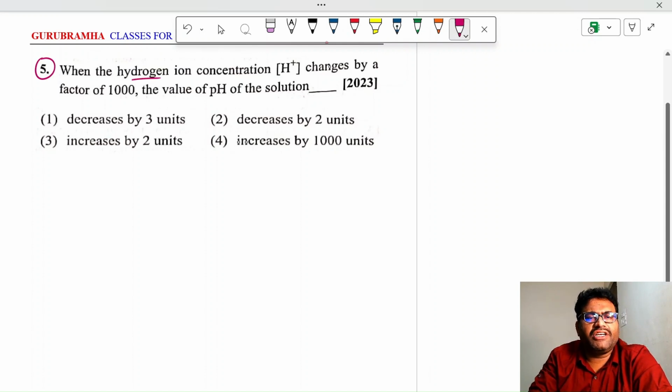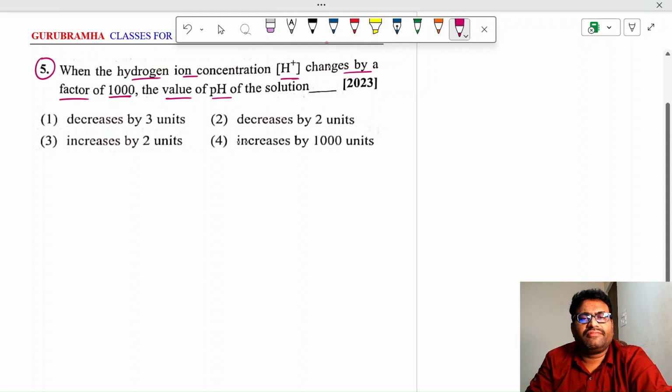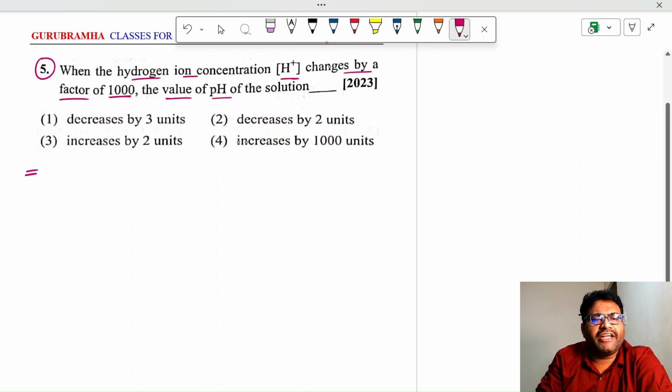When the hydrogen ion concentration changes by a factor of 1000, then the value of pH of the solution. Okay. Let us solve it by taking an example.